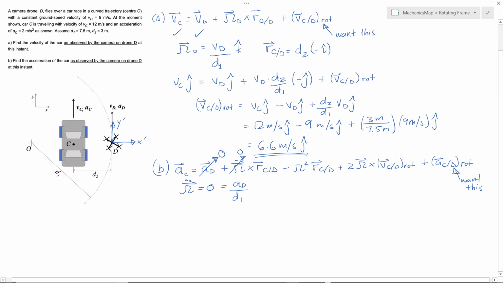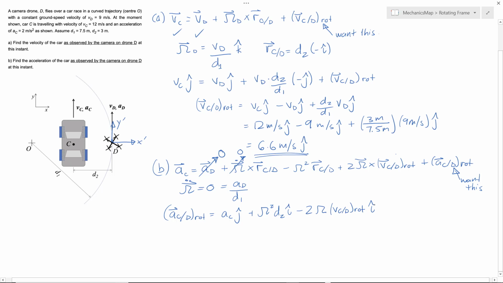So we can rearrange, and we find the acceleration of C with respect to D in the rotating frame equals the acceleration of C in the J hat plus omega squared D2 in the I hat minus 2 omega times VC with respect to D in the rotating frame, also in the I hat.